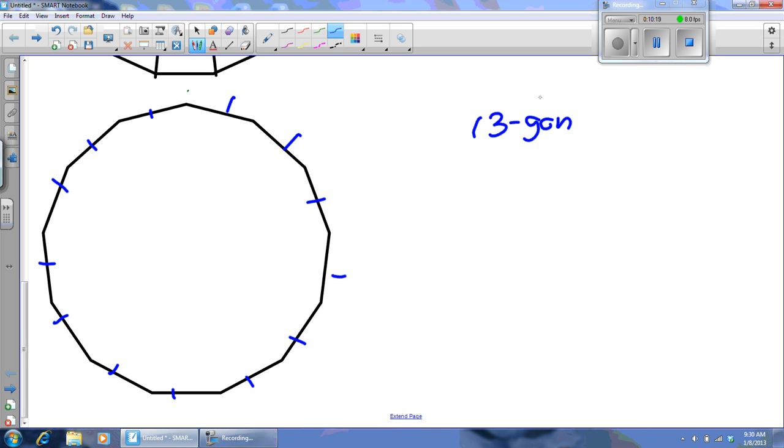So this is the 13-gon. I'll bet you that means there are 11 triangles, which means I'll take 180 times 11. Oh, 180 times 11. And let me see here. 1980, I think.